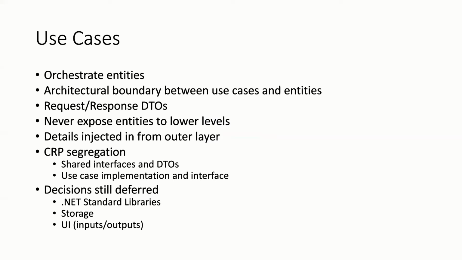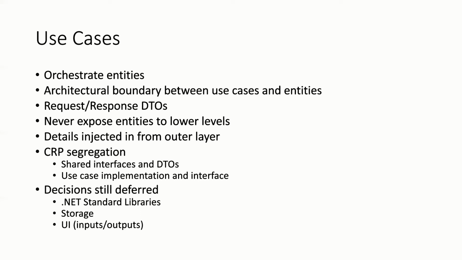There is an architectural boundary between use cases and entities. We don't use data transfer objects to cross that boundary because use cases are orchestrating entities, so they need to do things with entities. But outside of use cases, everything that uses a use case needs to call it with data transfer objects that are defined in the use case layer. You never expose entities to lower levels.